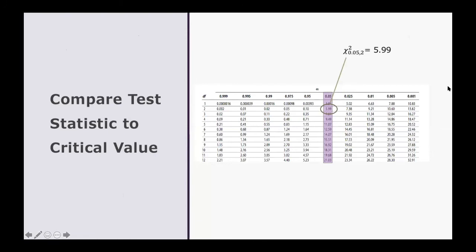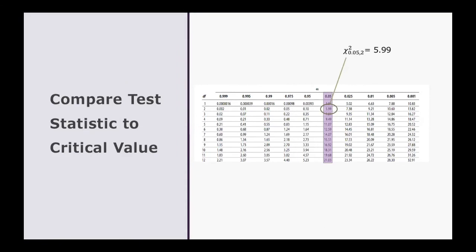So we can then assess whether or not our calculated chi-squared value is unusual, either by considering a critical value or by calculating the exact probability from the chi-squared distribution. If you recall, a critical value is the value of the test statistic for which the p-value is equal to our alpha.